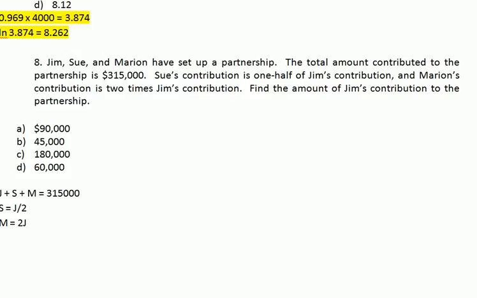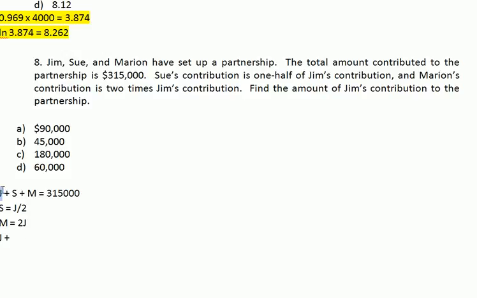Now, you notice in this first equation, I've got it in terms of J and S and M. Here, I've got two further equations, which are S and M in terms of J. So that means I can substitute S and M. S equals J over 2.